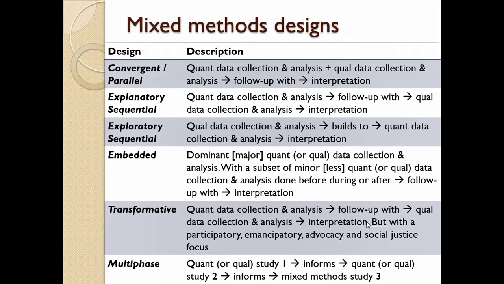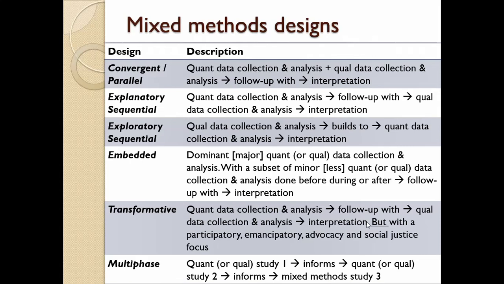So you want to focus on bringing change through the process of your study. And then you have multi-phase, whereby you have different studies, and in each study you have a different approach, which could be qualitative or quantitative, and then followed up by another study which has a different approach, and then it could be followed up with a mixed method study.